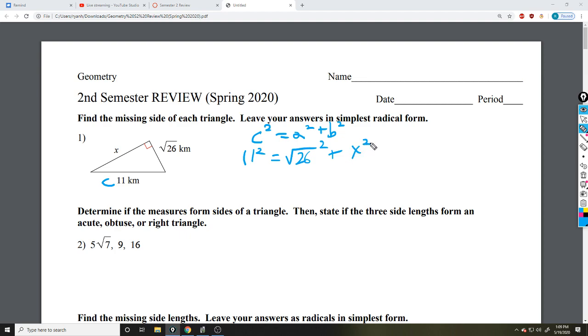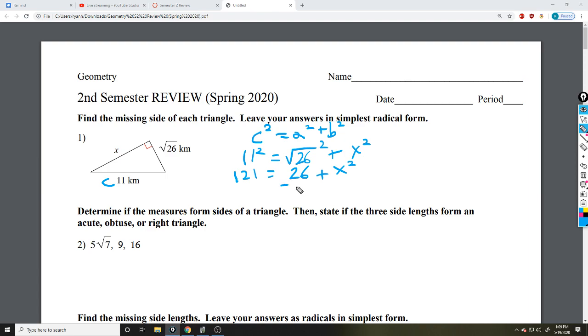That's the part we don't know. So now we're going to do 121. That's 11 squared. The square root of 26 squared. Remember that square root and square undo each other. So the square root of 26 squared is just 26. It's exactly 26. Plus x squared.